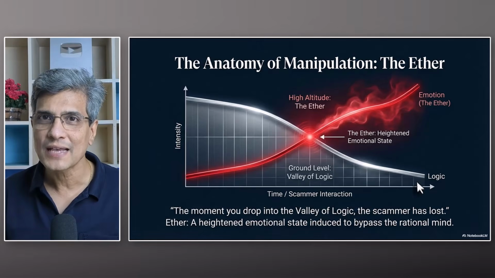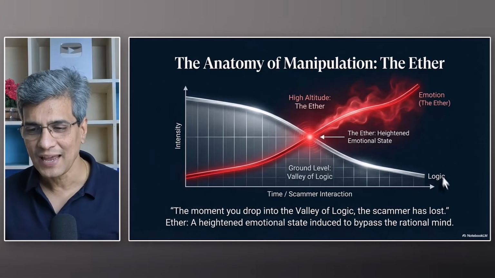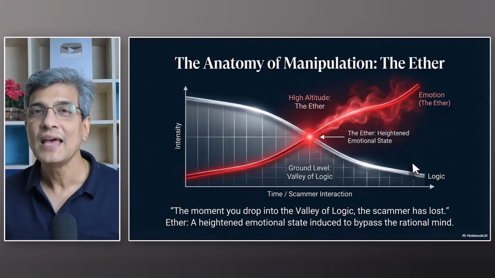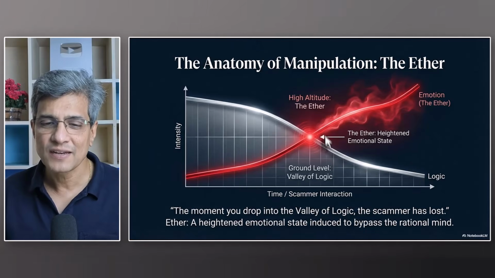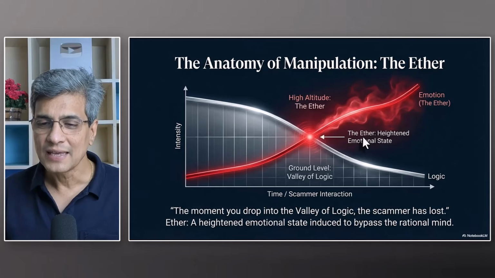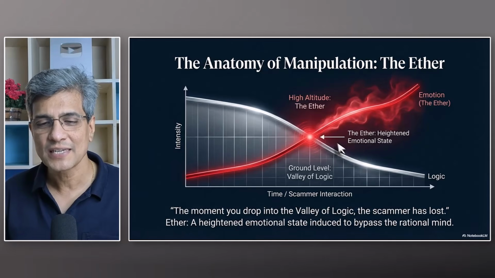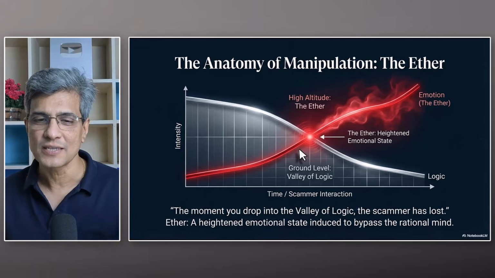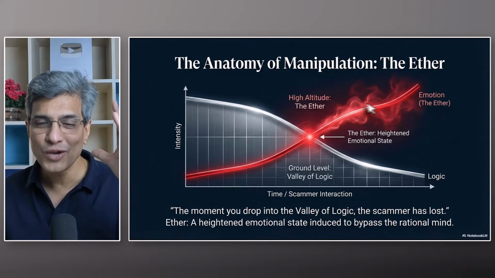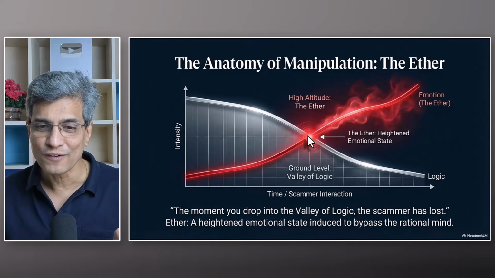And I also asked it to label the logic line, and it is labeled pretty nicely. In addition to that, it has given this point called the ether, or the heightened emotional state. So this is where it actually crosses. All these beautiful red smoky effects and the highlight of the point where the intersection happens. I couldn't have imagined all this visually even if I tried.